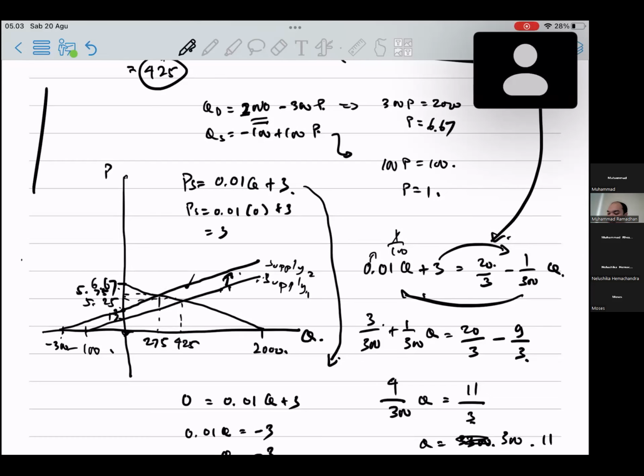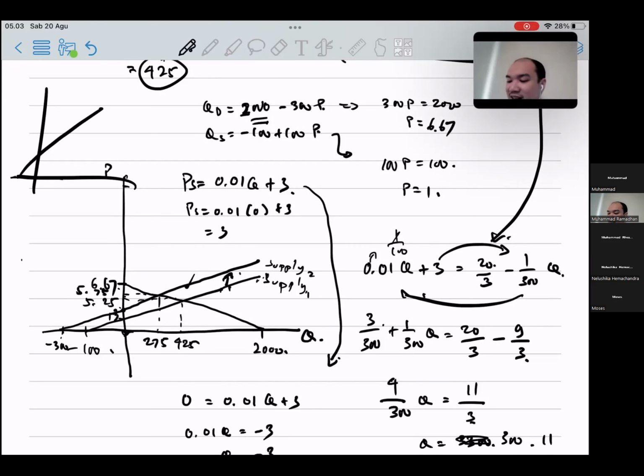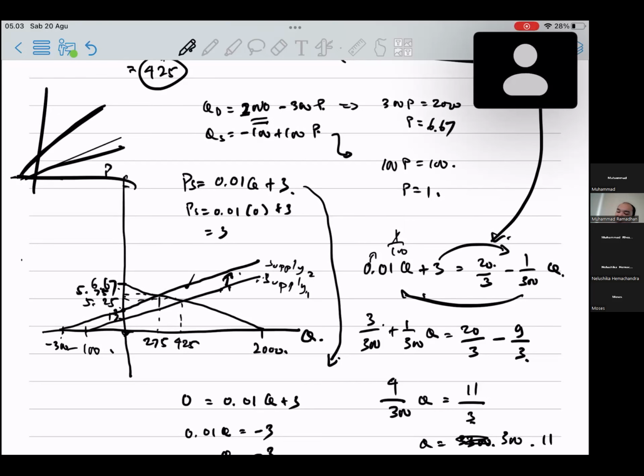Rotate is like this. For example, firstly you have a supply curve like this, and then you have a supply curve like this. It is rotated. So for this case, the slope is different.